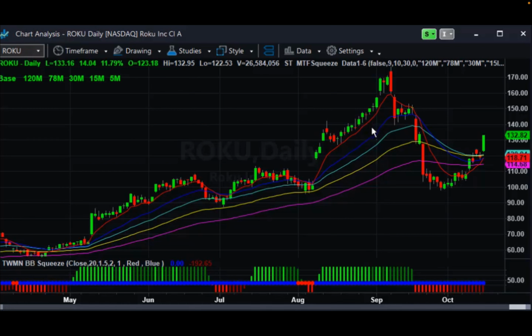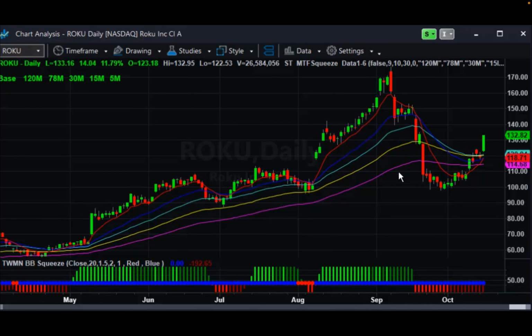So what I've put here are 5 moving averages based on the Fibonacci sequence. So I have the 8-day moving average here in red. I have the 21-day in blue. Aqua is the 34. Yellow is the 55. And magenta is the 89. So you have the 8, 21, 34, 55, and 89.